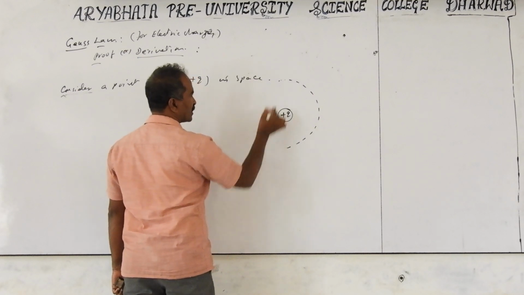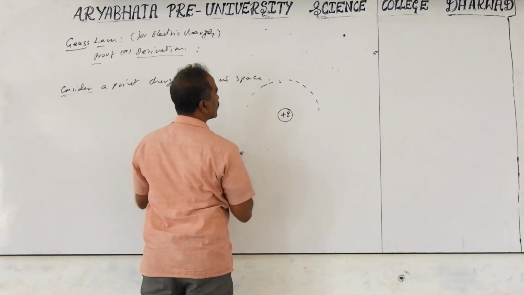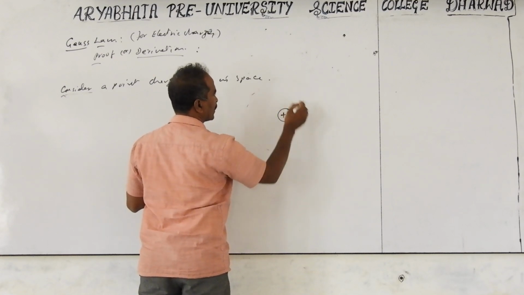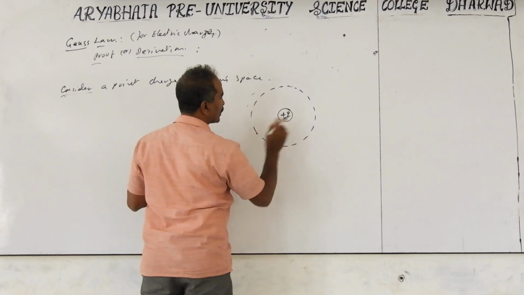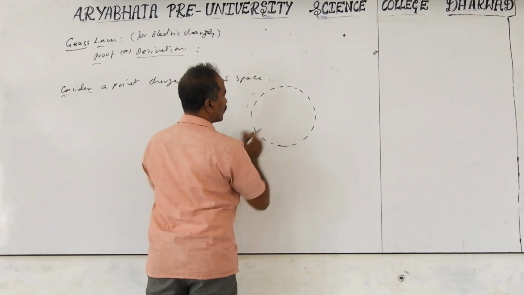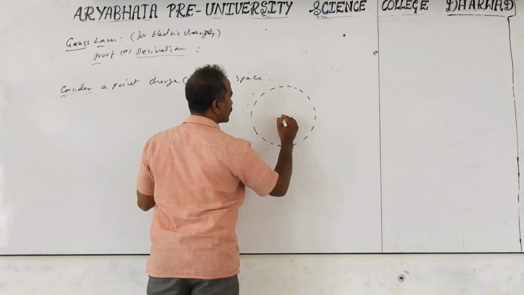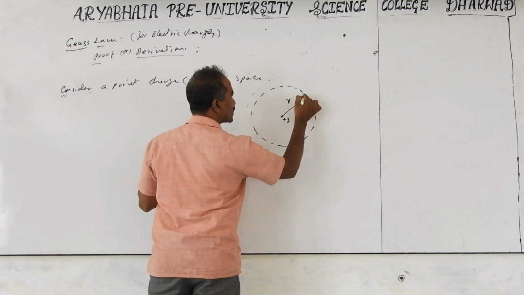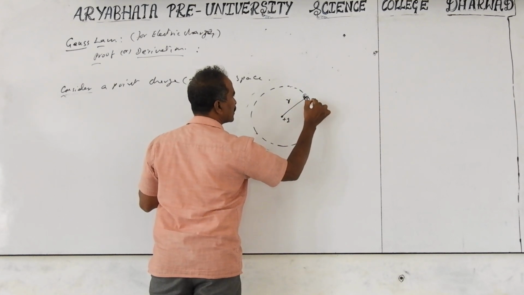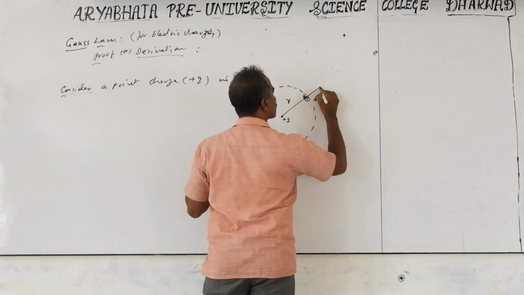The sphere is a closed three-dimensional surface that forms a Gaussian surface. Imagine a sphere of radius r around the point charge. On this surface, imagine a small surface area dS, and this dS vector is normal to the surface.